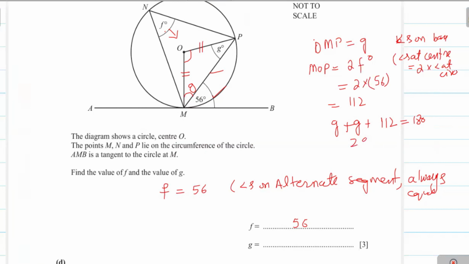Therefore, 2G will be equal to 180 minus 112, and G will be equal to 68 divided by 2, which is 34. Therefore, G will be equal to 34.